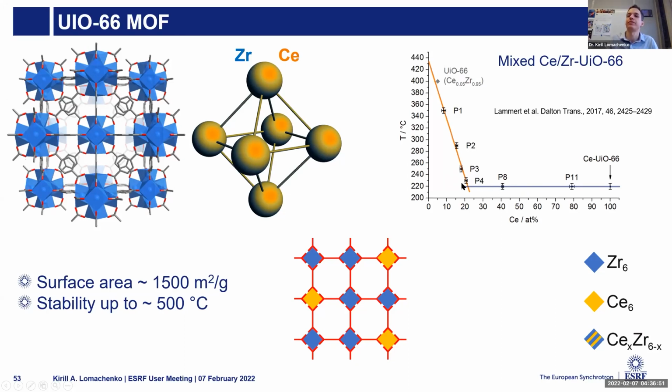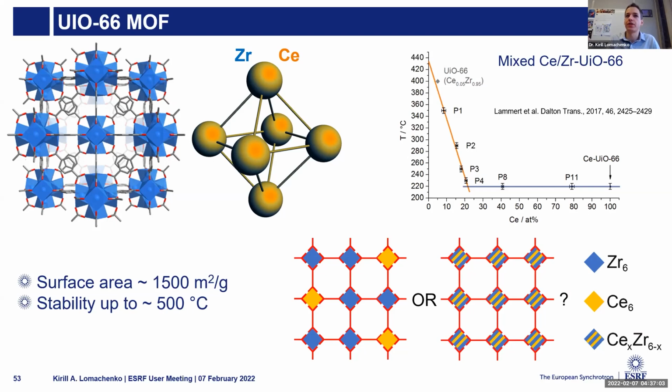You can have 20% of cornerstones that are pure cerium and 80% of cornerstones that are purely zirconium. Or you can have a mixture of cerium and zirconium in one cornerstone. So when you have both metals, do you have the mixture of different metals inside one cornerstone? This question was not answered at that time. Nobody knew it for sure.